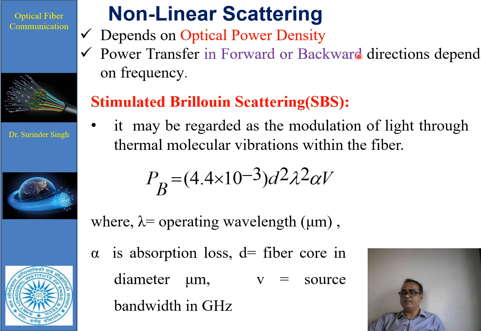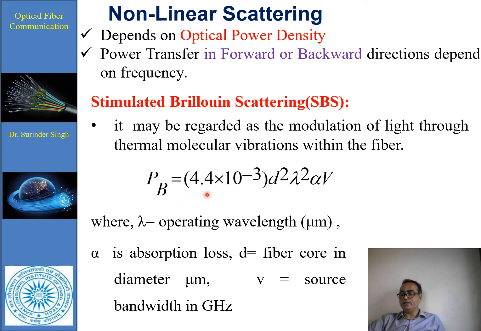So this produces an optical frequency shift, which depends on the scattering angle. The frequency shift is maximum in the backward direction and reduces to 0 in the forward direction. So SBS is mainly a backward process, and it is significant above the threshold power density.